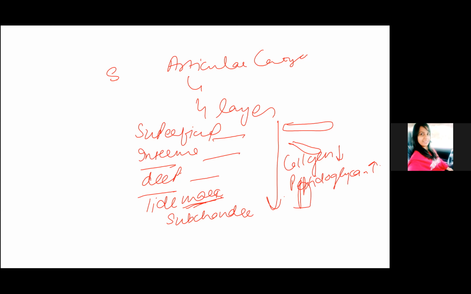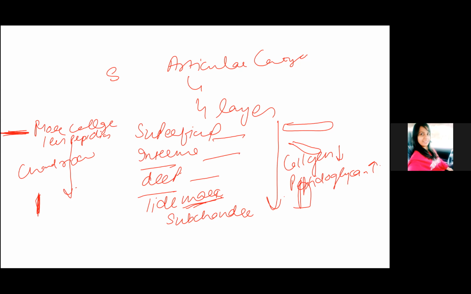So in the first layer, we have more collagen and less proteoglycan. And as we go deep, the chondrocytes will become vertical. In the first layer, we have horizontal presentation of the chondrocytes.